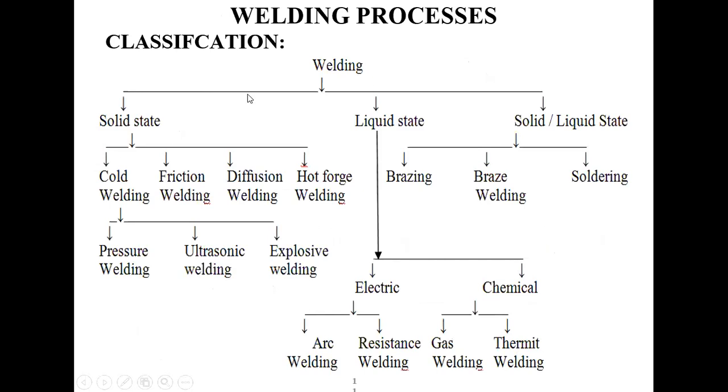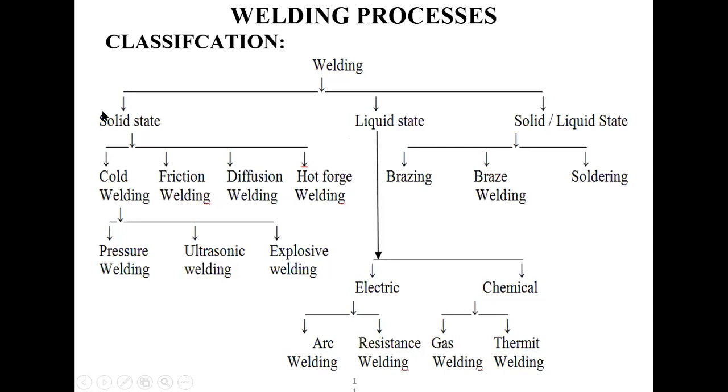Next, these are the various types of welding. Basically, welding can be divided into three parts: solid state welding, liquid state welding, and solid or liquid state welding. This portion is under the brazing and soldering part, and in liquid state welding there is mainly arc welding, resistance welding, gas welding, and thermit welding.